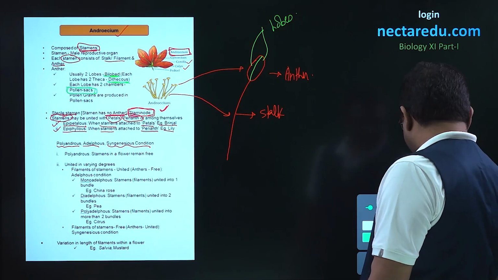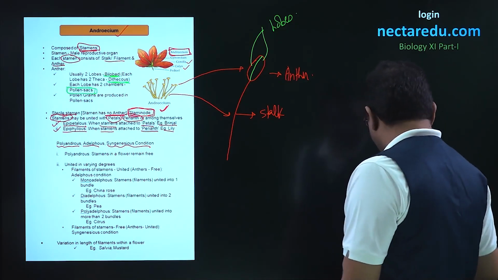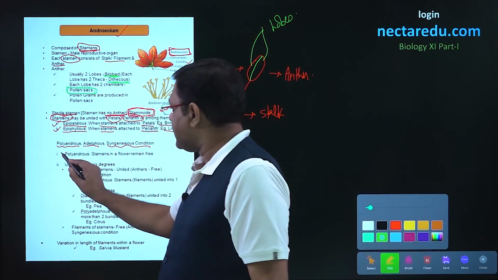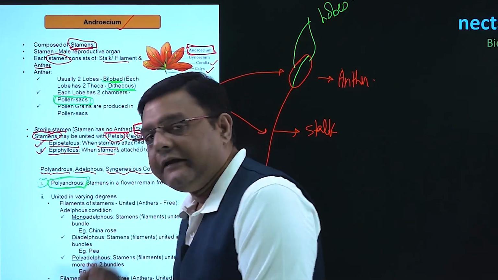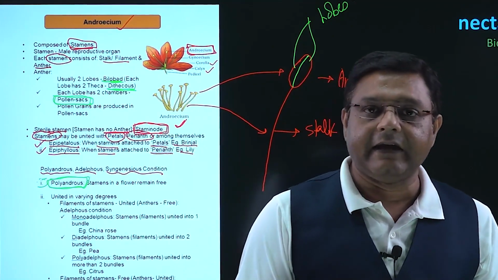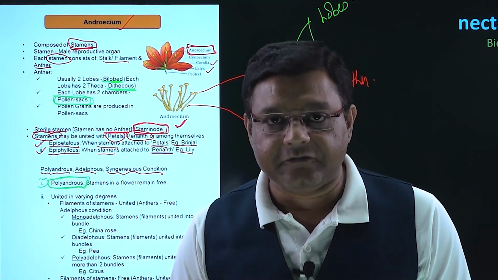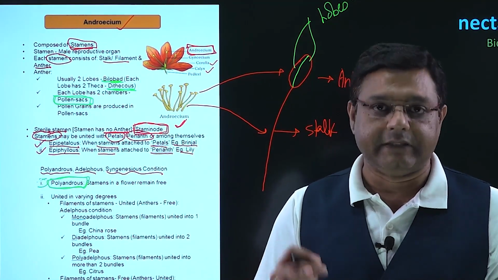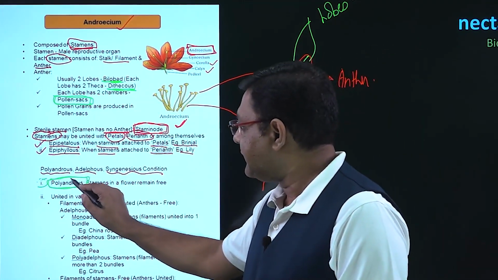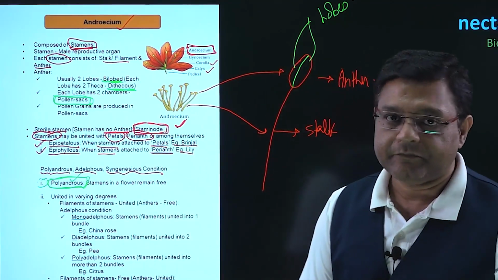The first condition that we look into is the polyandrous condition. Polyandrous condition is that case in which stamens are free, there is no attachment between the stamens among themselves, and that is the case of polyandrous.